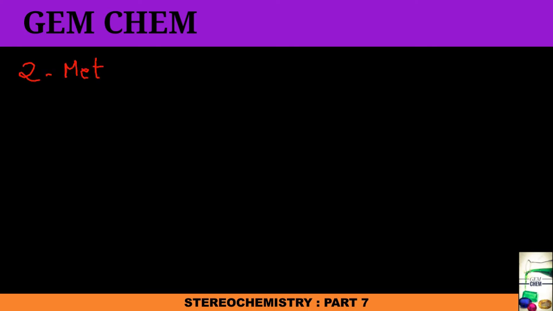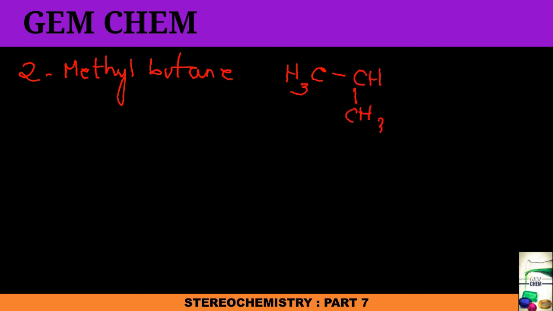2-methyl butane, right? Now what is 2-methyl butane? CH3, CH, and here is our another CH3, then CH2, CH3.